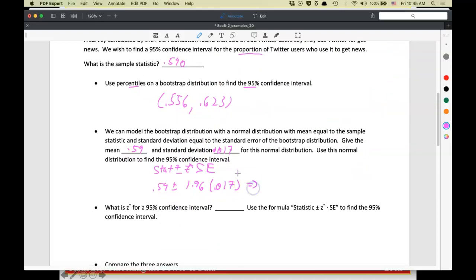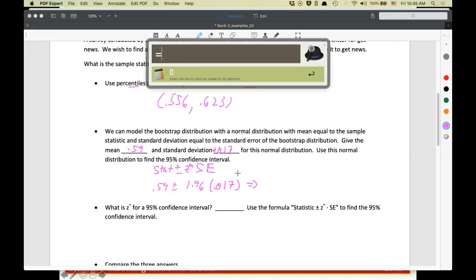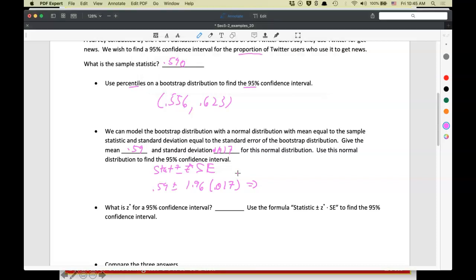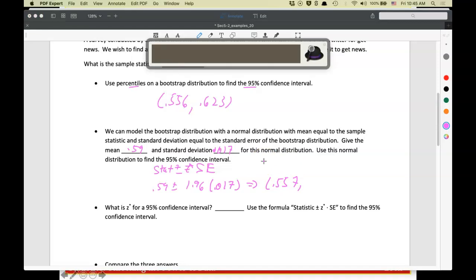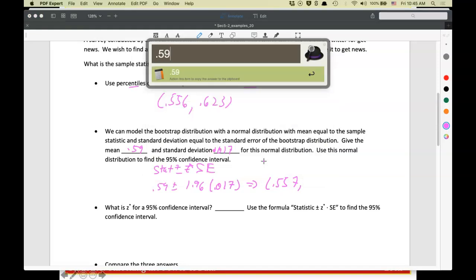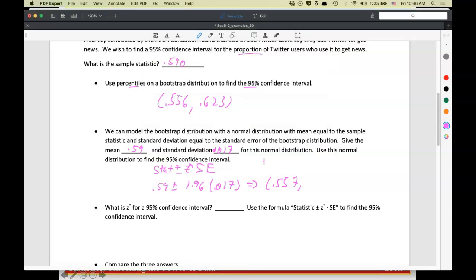For the endpoints, we get 0.59 minus 1.96 times 0.017, so 0.557. And the other endpoint is 0.59 plus 1.96 times 0.017, we get 0.623.